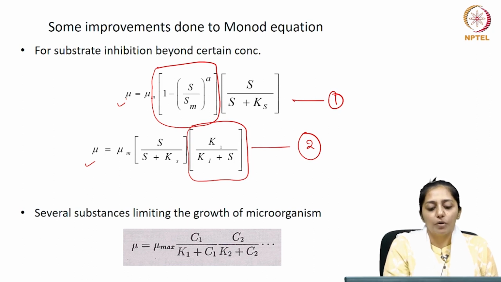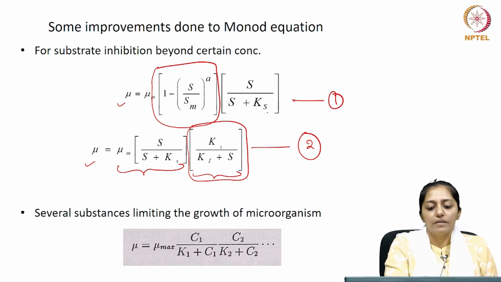So, if you remember Monod's model, the first term multiplied by the maximum specific growth rate in equation 2 is nothing but our Monod's model, and the second term has been incorporated in it to account for the substrate inhibition during growth.